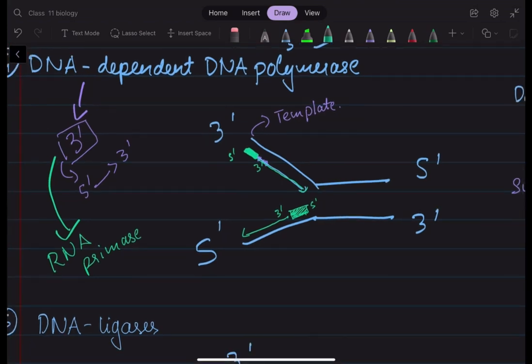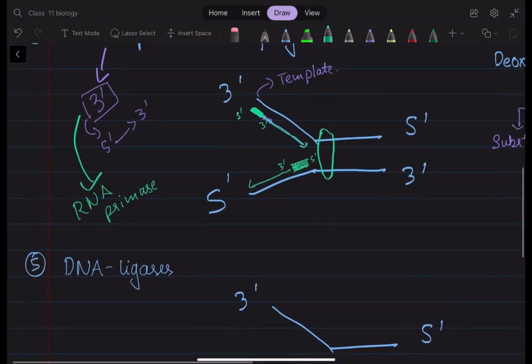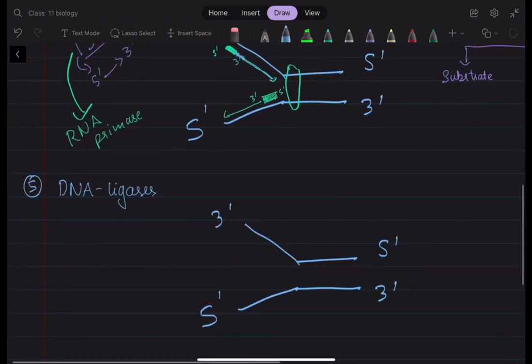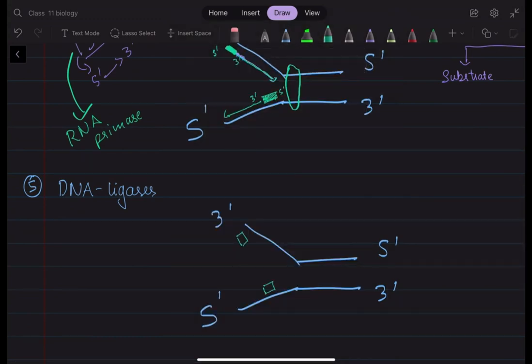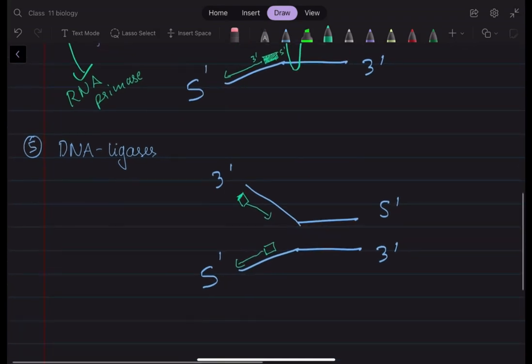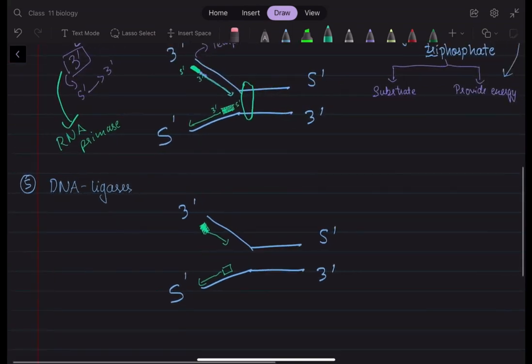Now, helicase again comes and it unwinds this part also. Okay, so after that, we'll be left with something like this, right? So we will have our 5' end over here and 3' end over here, 5' end over here and 3' end over here.